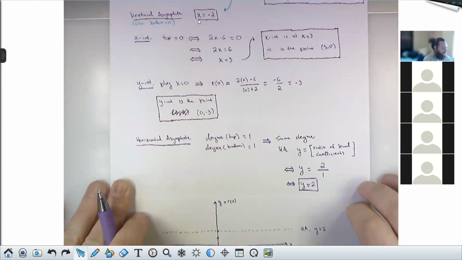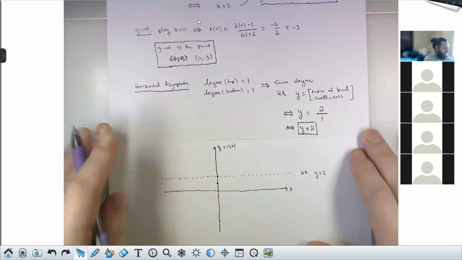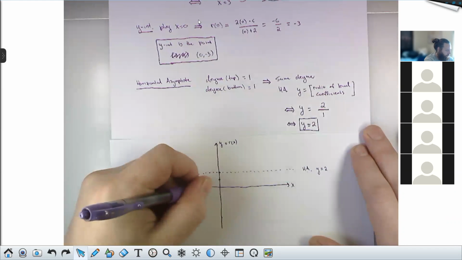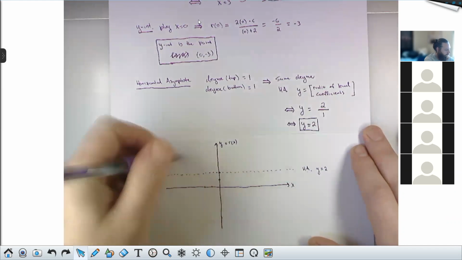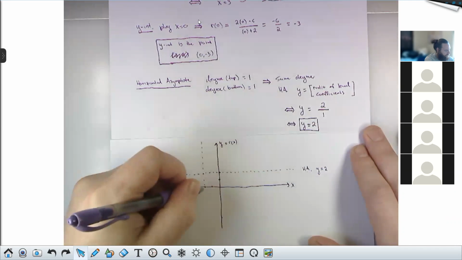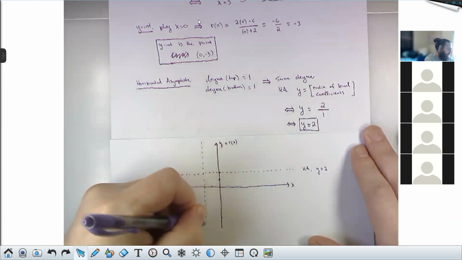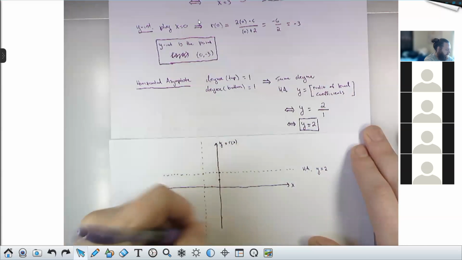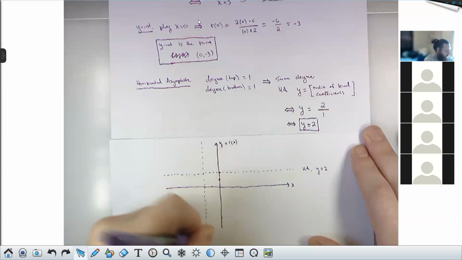So we're going to draw in that vertical line, x equals -2, which looks like this. 1, 2. And you label it VA x equals -2.